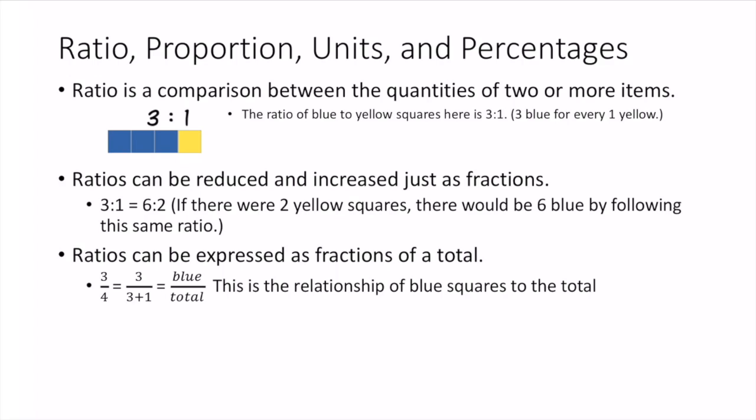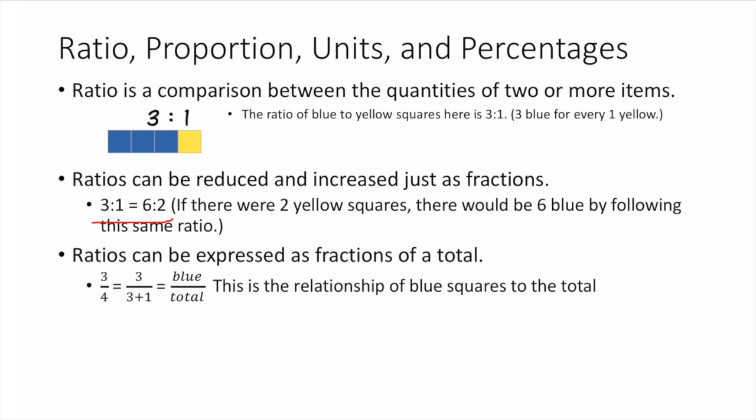Okay, so we can reduce and increase ratios just as fractions. So 3:1 can also go to 6:2, which would just mean instead of 3 blue for every 1 yellow, now there's 6 blue for every 2 yellow. Okay, so the ratio's staying the same, it's just our proportions that are going up. Okay, we can also represent ratios as fractions of the total.